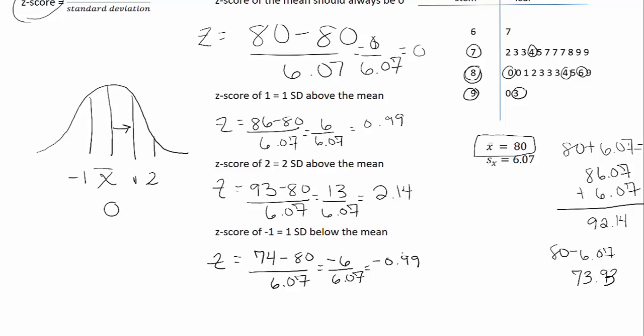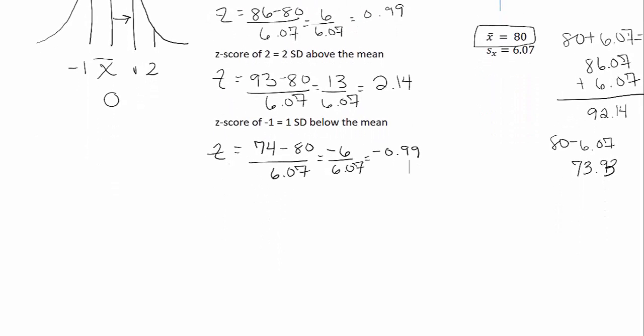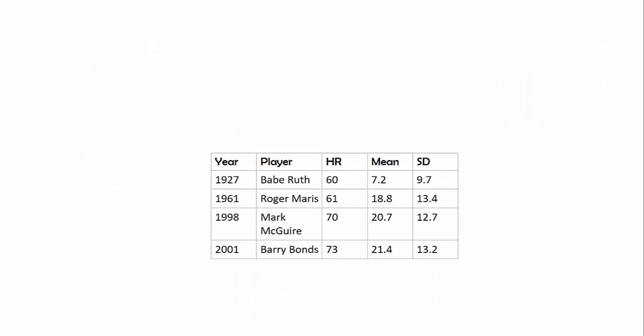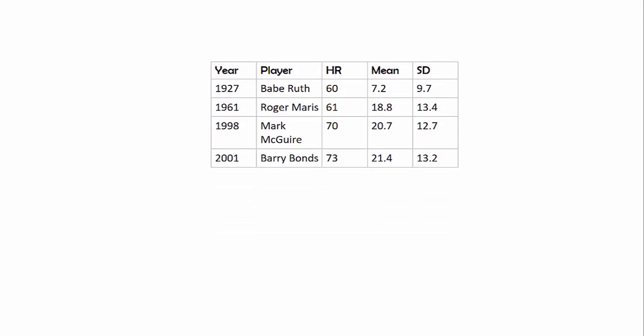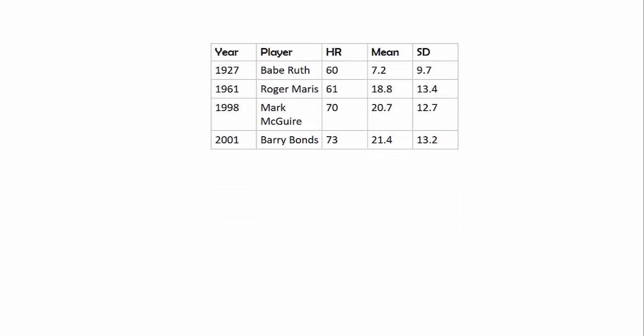So why would we want to standardize something? I've put together a little chart as to why we'd even want to do this. Take a look at this little chart. These are actual statistics. We've got Babe Ruth in the year 1927. He had 60 home runs when the mean was about 7.2 and the standard deviation of the baseball players was about 9.7. Roger Maris, Mark McGwire, Barry Bonds, all similar. A lot of people would say Barry Bonds is the champion of home runs because he has the most out of everyone.